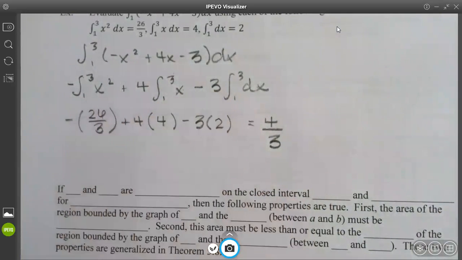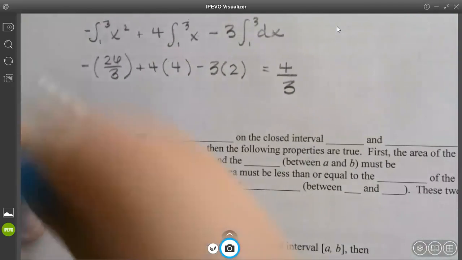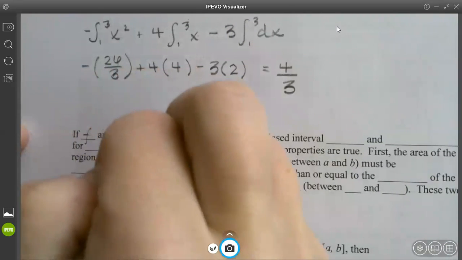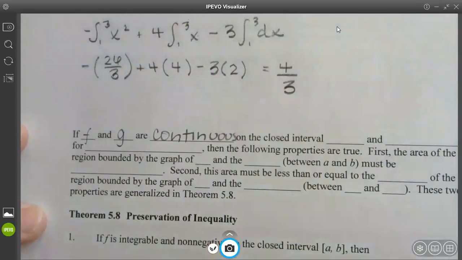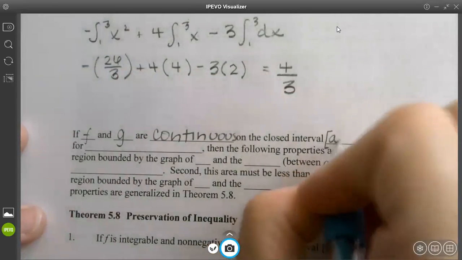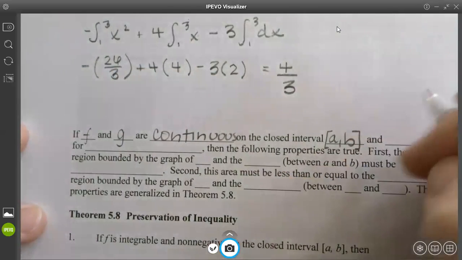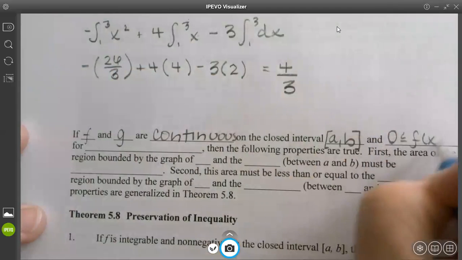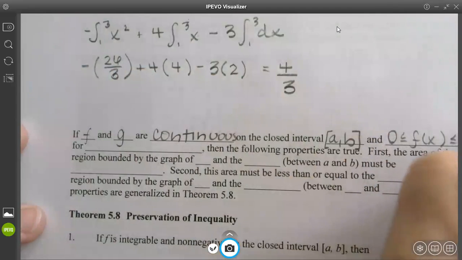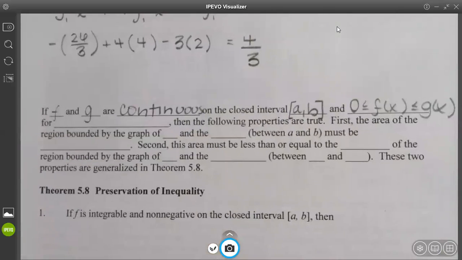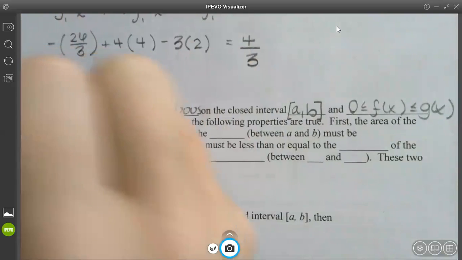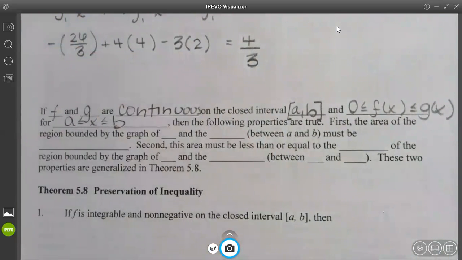This is what you'll be doing soon. Okay. All right. If f and g are continuous, no more examples, just writing, on the closed interval a to b, and 0 is less than or equal to f of x, less than or equal to g of x, for a less than or equal to x, less than or equal to b, then the following properties are true.